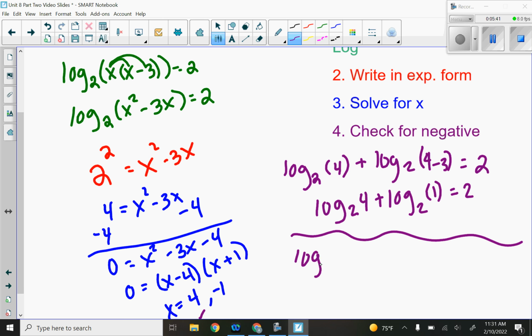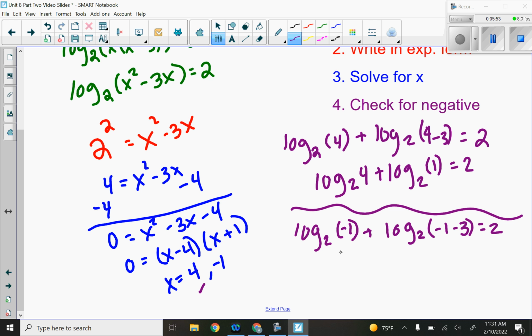We could plug those into our calculator to further make sure they equal 2, but log base 2 of negative 1 plus log base 2 of negative 1 minus 3 equals 2. Here, we would be taking the log of a negative, and we can't do that.